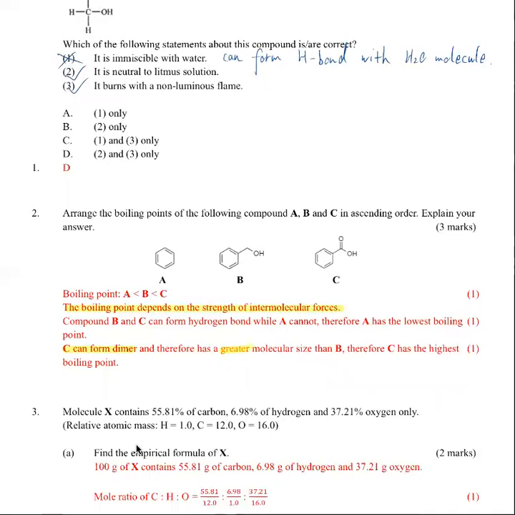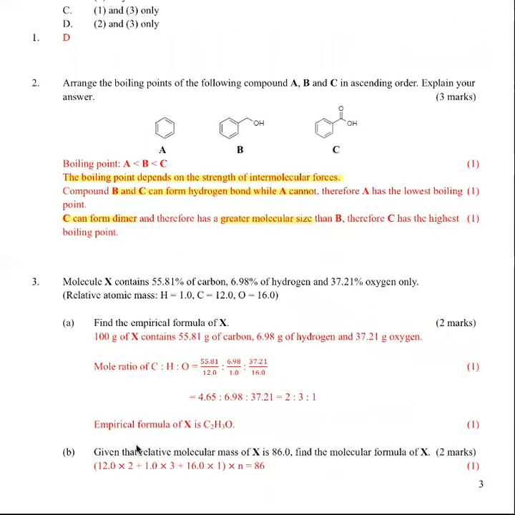So it will have a greater molecular size, and due to the hydrogen bonds, it can have a more compact structure. Hence, it will have a higher boiling point than B. So among the three, C has the highest. Make sure you use words that show that you are comparing two things or three things.